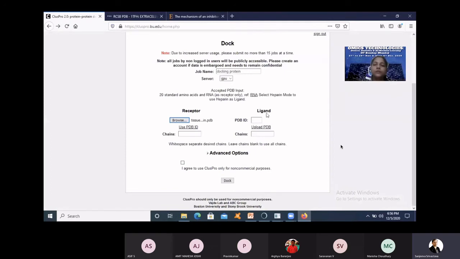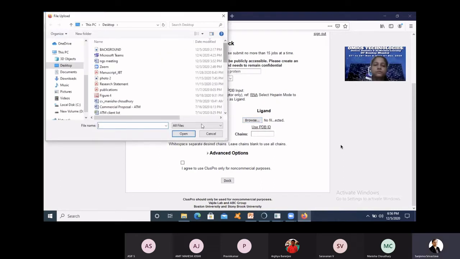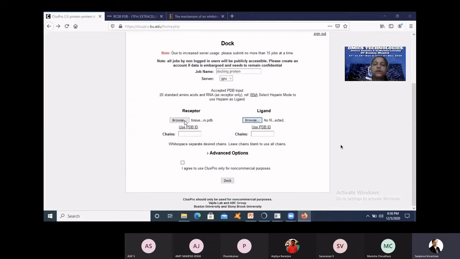So now coming back to ClusPro. Here, as I have already uploaded the tissue factor protein, I'll upload... sorry, I made a mistake. I should have uploaded factor 7A here as the receptor, and here I should have uploaded the tissue factor as the ligand.